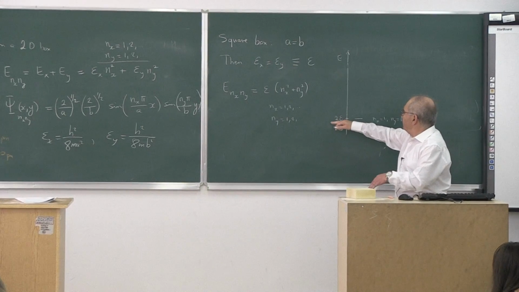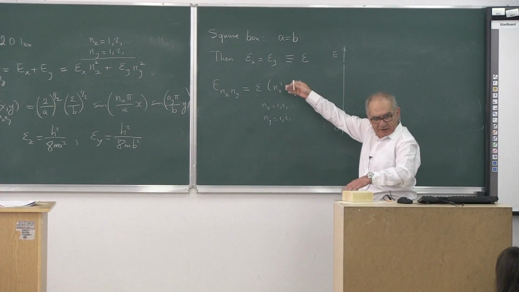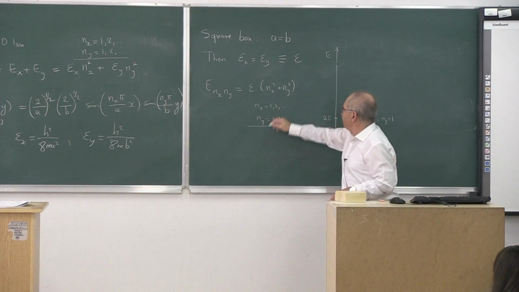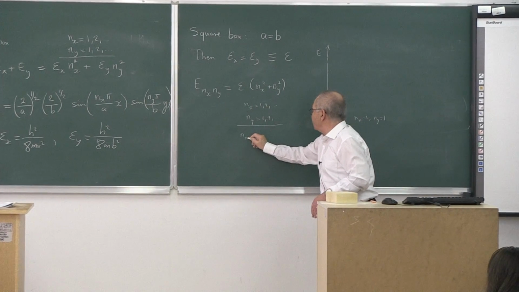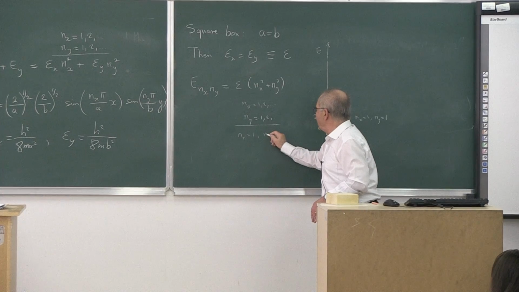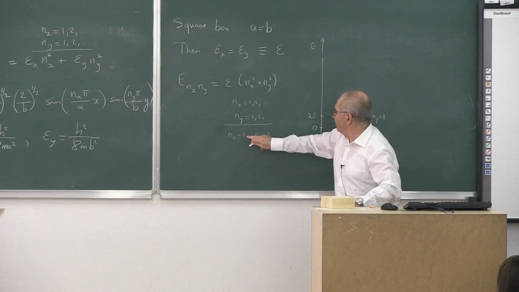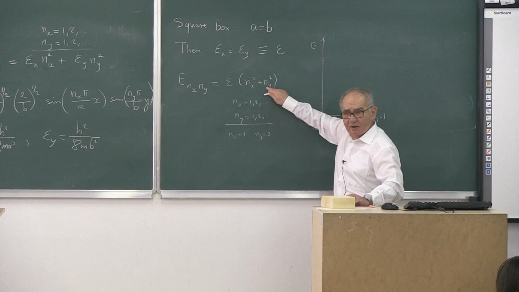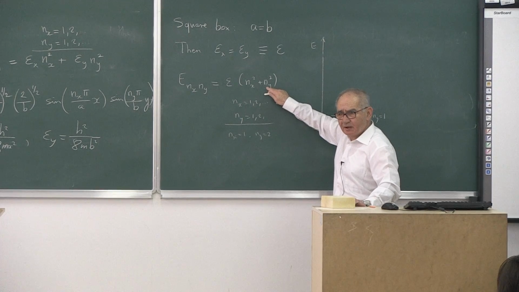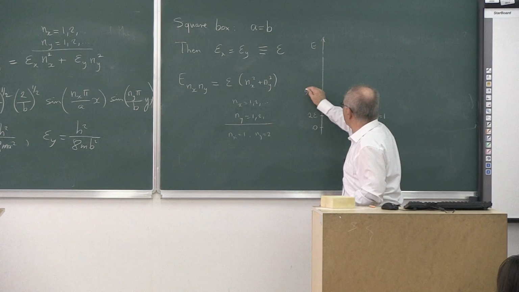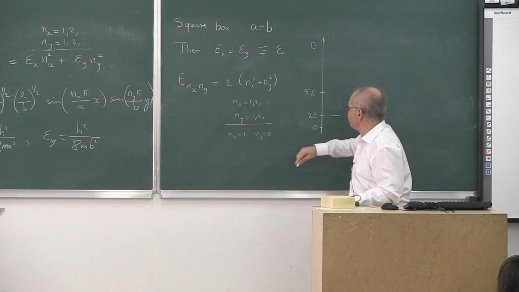Now, the next level, higher in energy, is we may select nx to be 1 and ny to be 2. In that case, 1 plus 4 makes 5 epsilon.